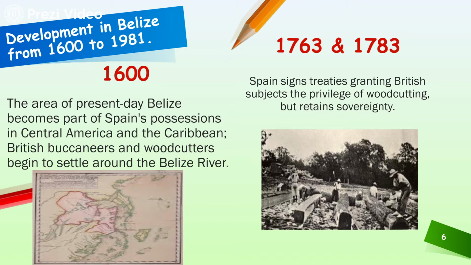In 1763 and 1783, Spain signs treaties granting British subjects the privilege of cutting but remains sovereign. So Spain during this time had given the British the permission to cut logwood in the area. Are you with me? Very good. Let's move on.